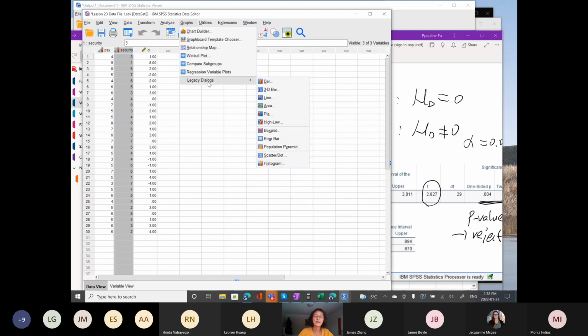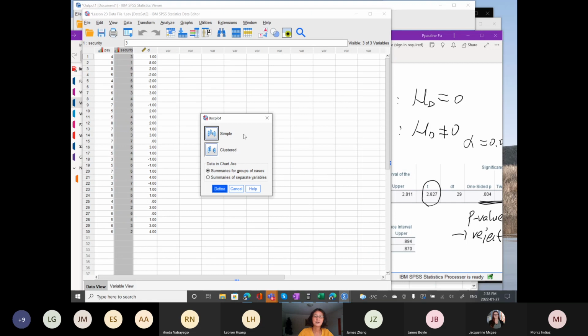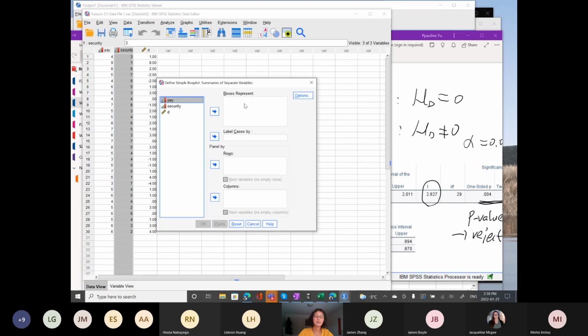So graph, legacy dialog, then summaries of separate variables. The reason is we have two different variables, pay and security. So now the box represents pay and also represents security. And then you click the OK button.